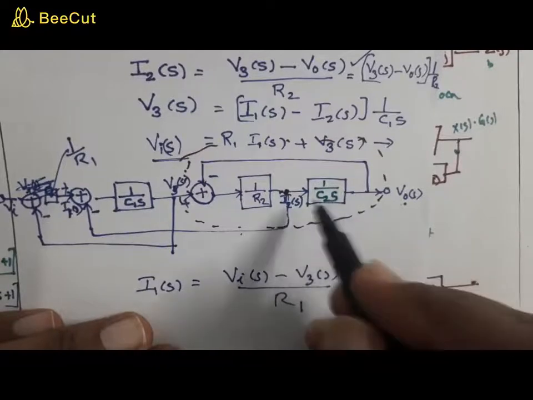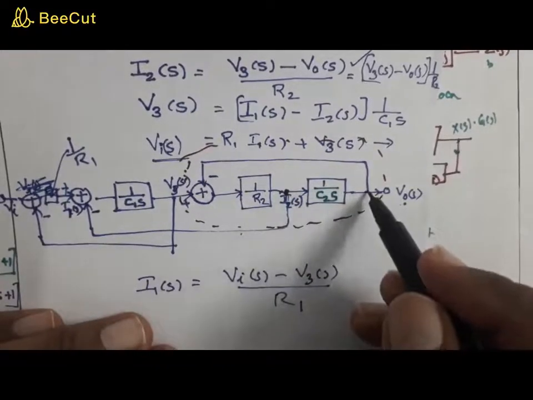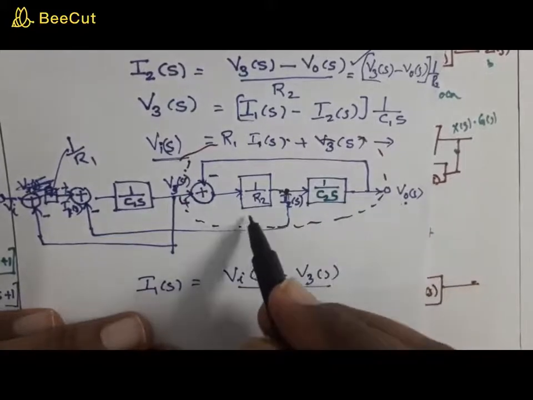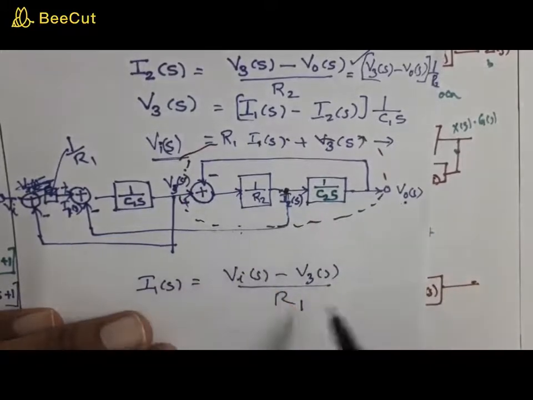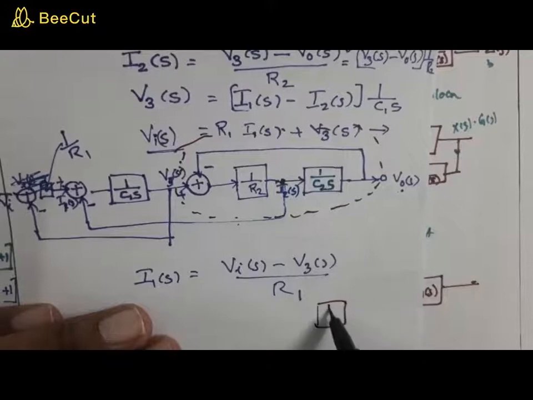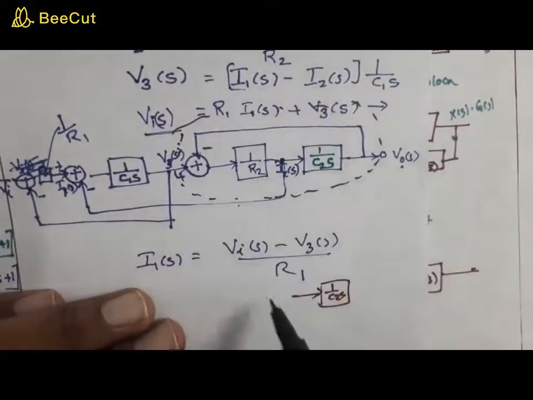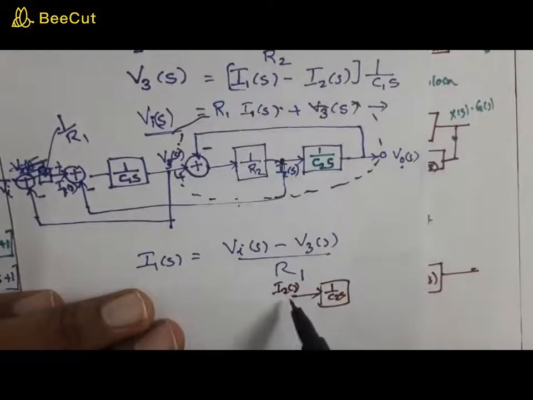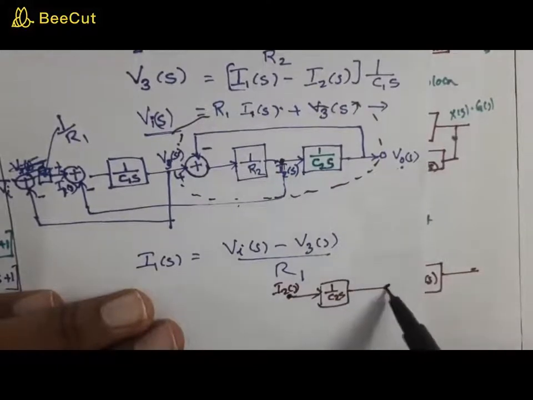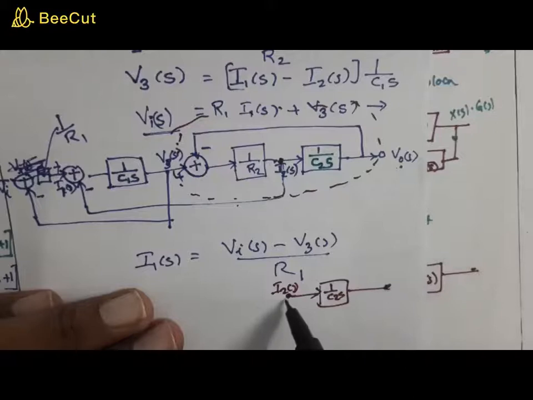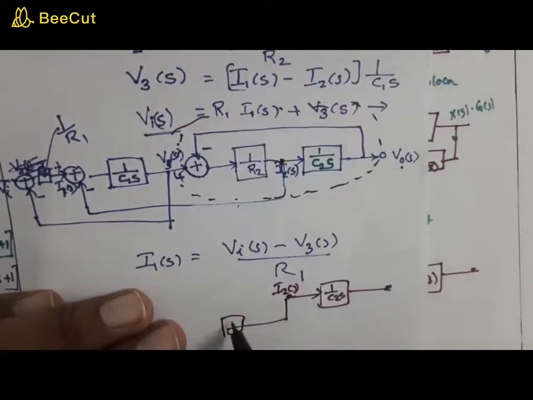Now if this needs to come over here, you need to make a change here. So this is a scenario. You have a 1 by C2s, and call this your I2 of s, right? Now this I2 of s node has to be brought here. That's the situation. But this is equal to 1.